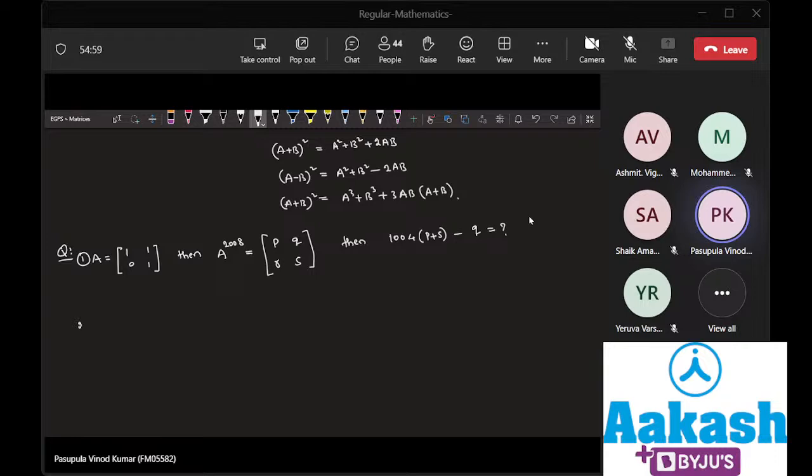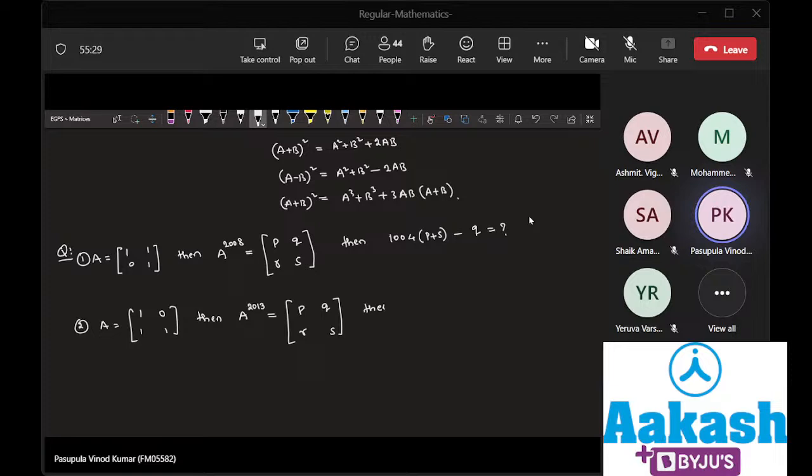In the same way, second one also, A is equal to the matrix [1 1; 1 0]. Then here it will be A power 2013. A power 2013 is equal to the matrix [P Q; R S].